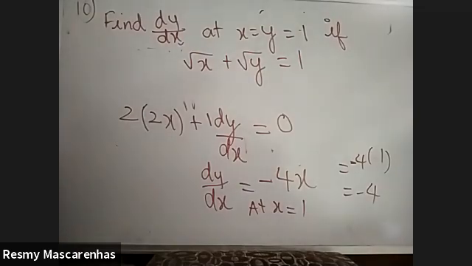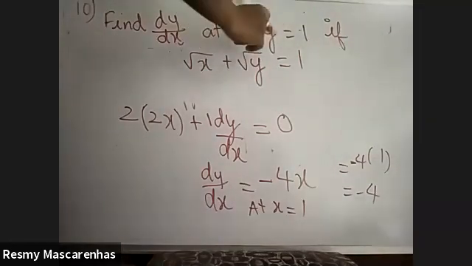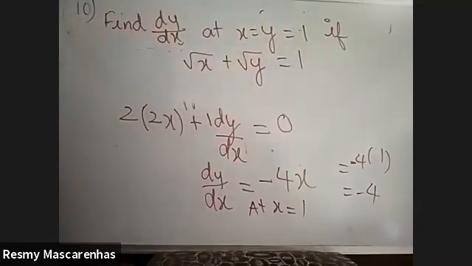Find dy by dx. These are the values which you have to put at the end. Okay, so first you have to find dy by dx, and then wherever there is x, you have to put 1. Wherever there is y also, you have to put 1.